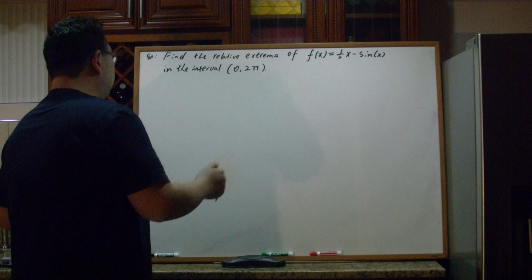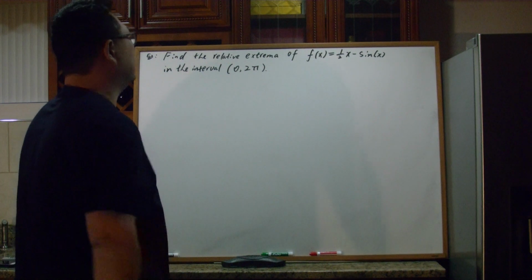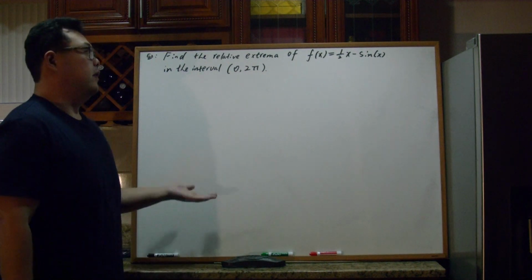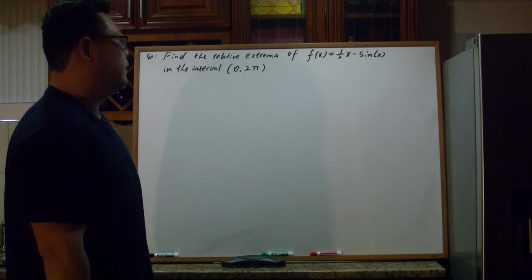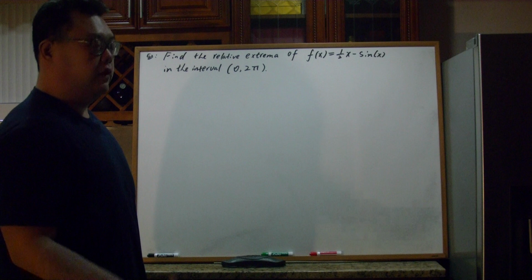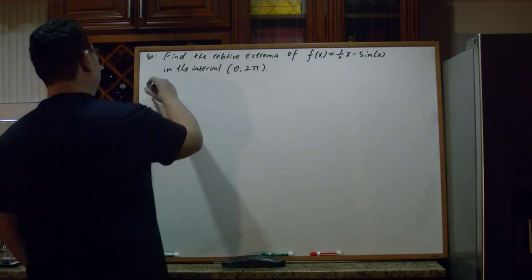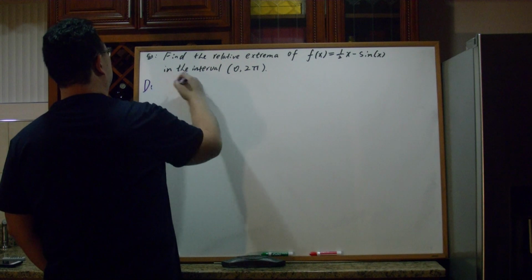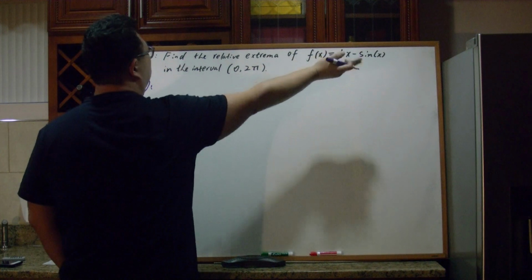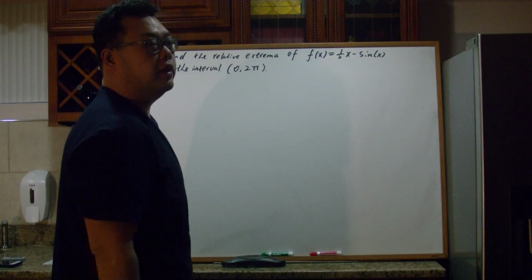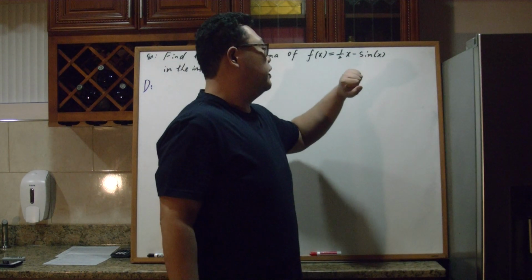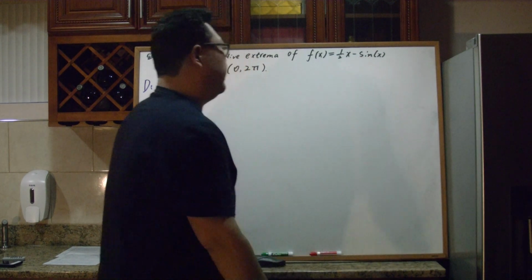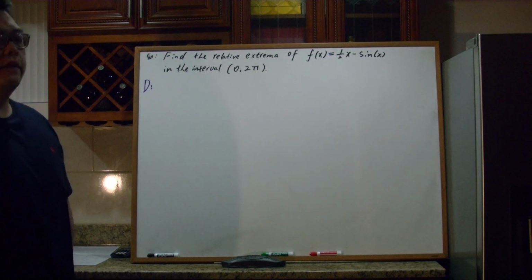As we discussed before, to do this type of question involving the extrema of a function, we first need to care about the domain. The domain of the function on 0 to 2 pi, since it's a trig function with a polynomial, is fine. Sine and cosine are defined everywhere, while the other four trig functions have vertical asymptotes.